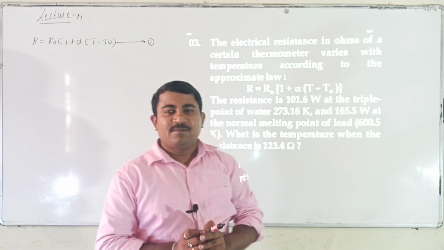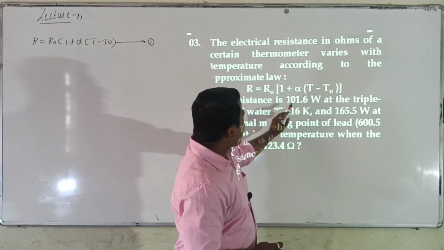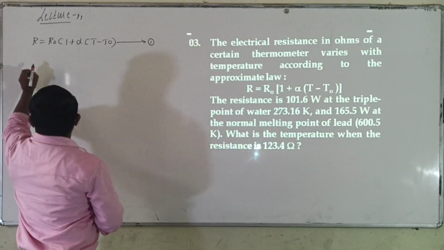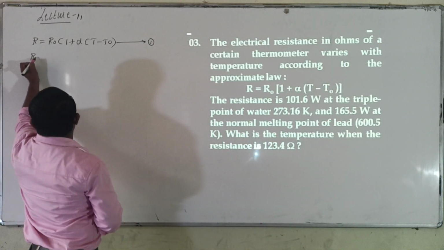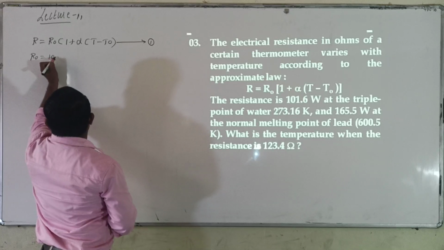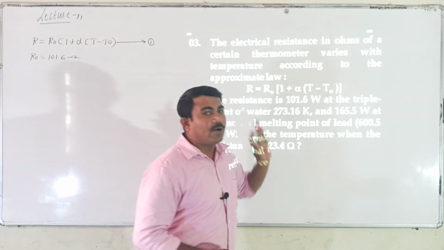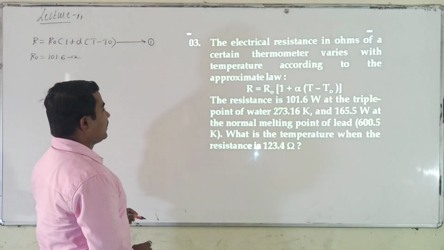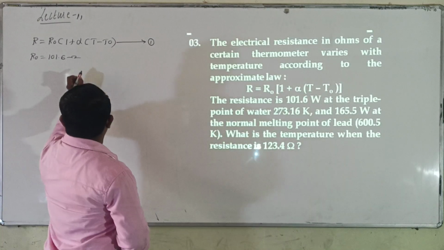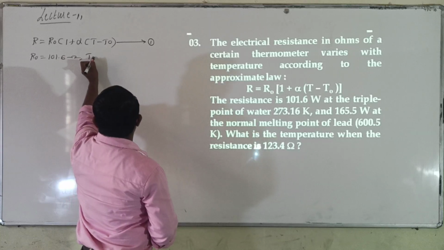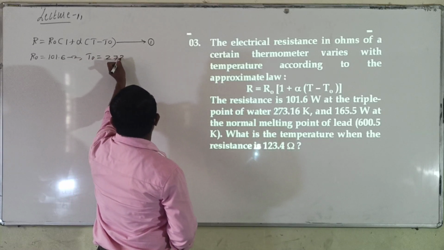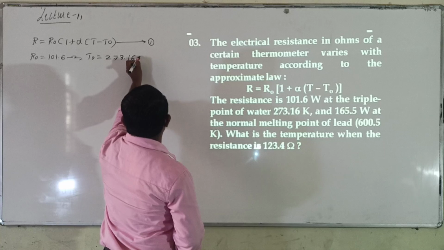What is given? Resistance R naught is given, R naught is equal to 101.6 ohm. Then temperature T naught is given, 273.16 Kelvin.